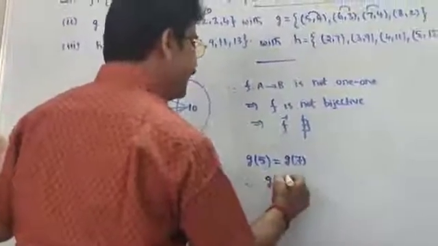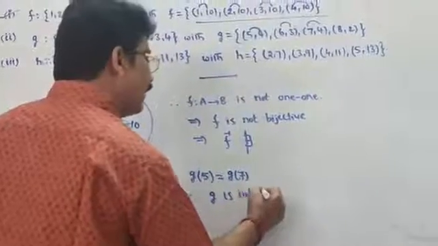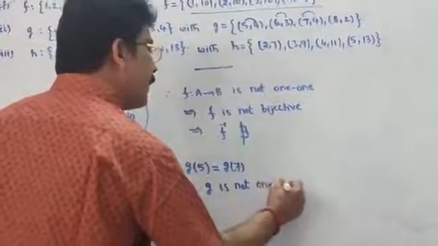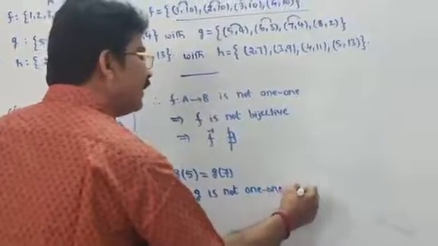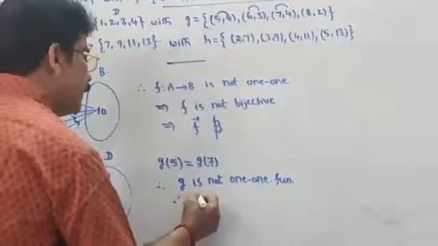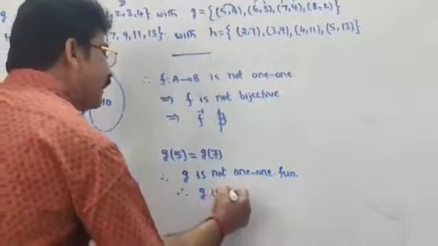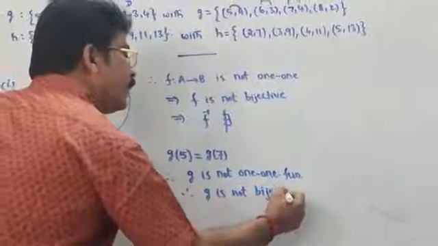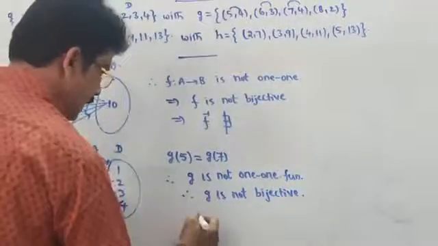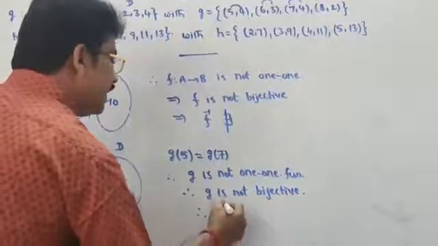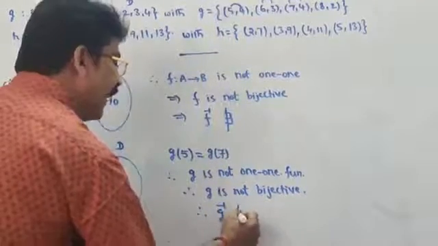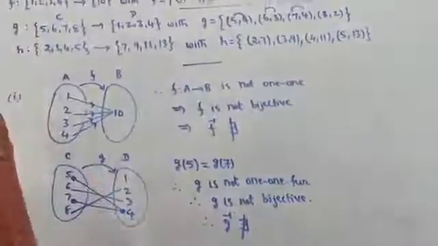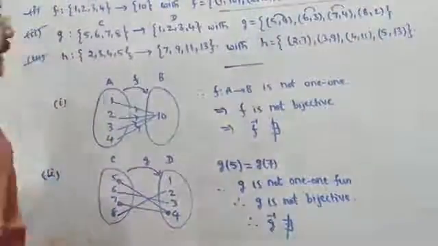Therefore g is not a bijective function, and g inverse does not exist. Second one is over.